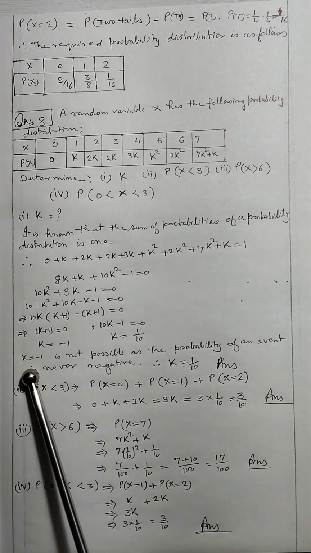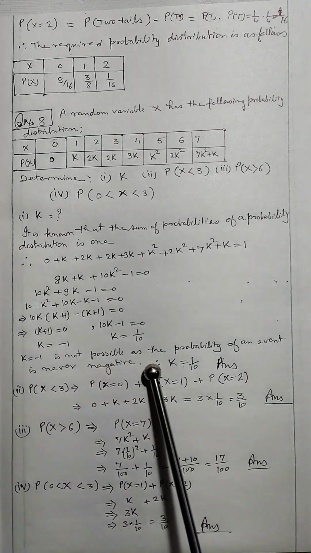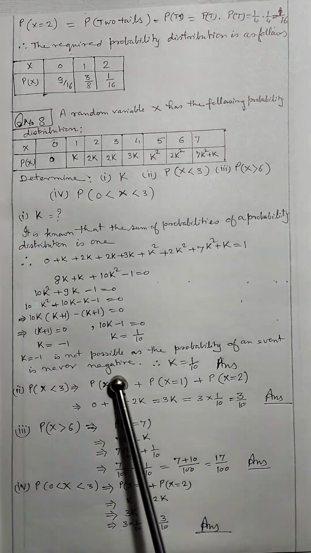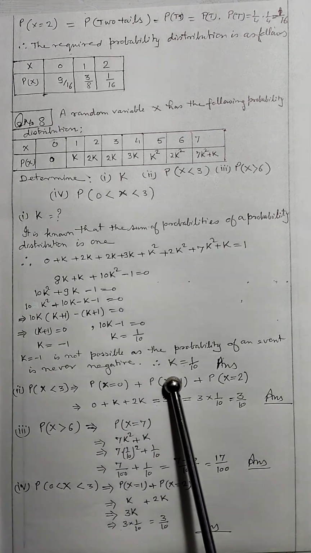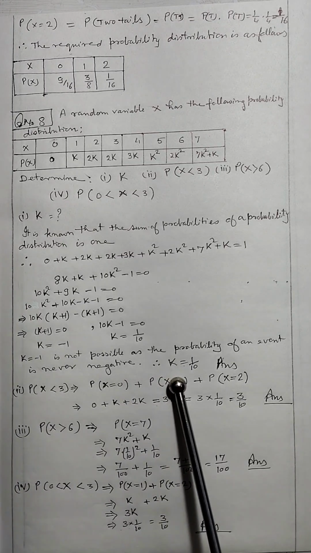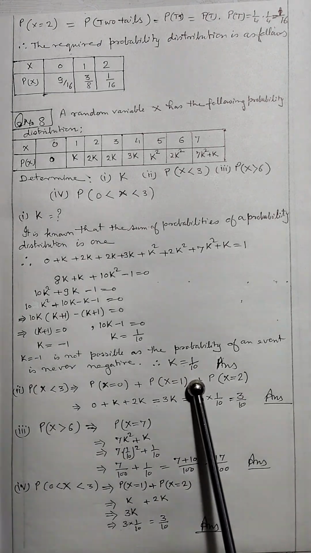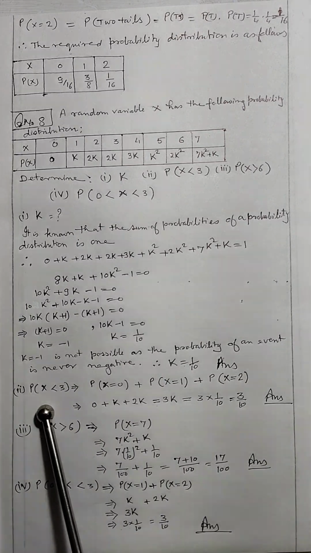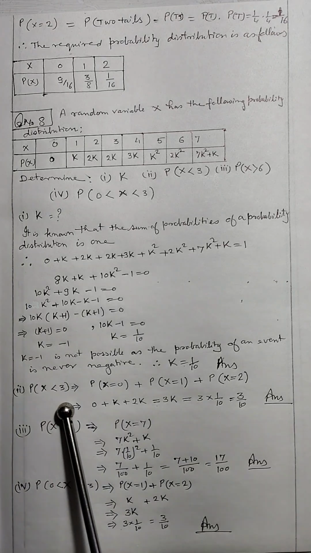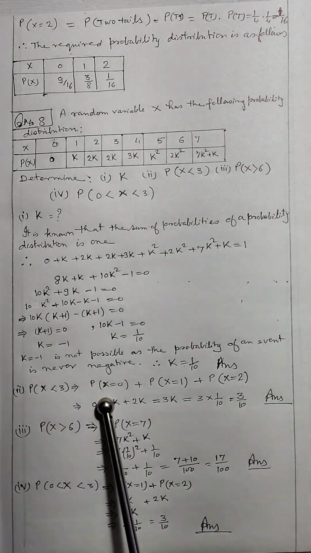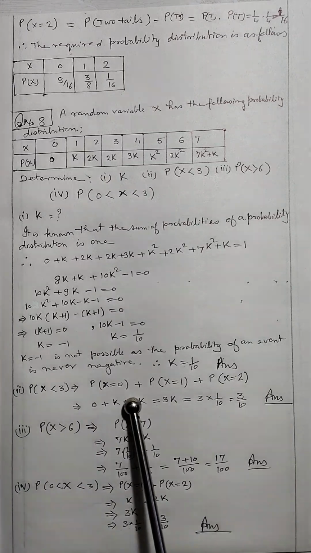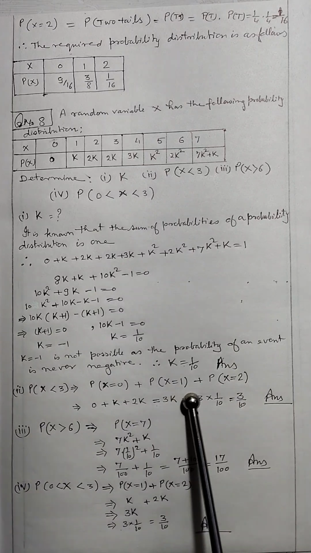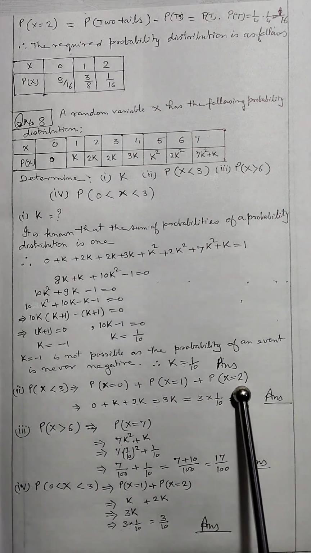Now k equal to minus 1 is not possible, as the probability of an event is never negative. Therefore, the acceptable answer will be k is equal to 1 by 10. Now the probability of x less than 3 shows the probability of x equal to 0 plus probability of x equal to 1 plus probability of x equal to 2.